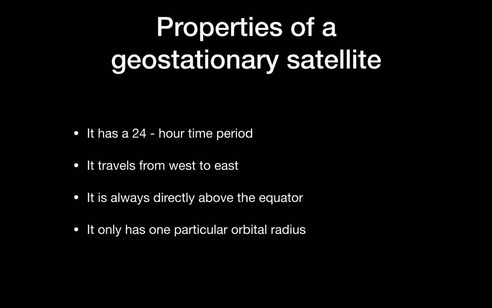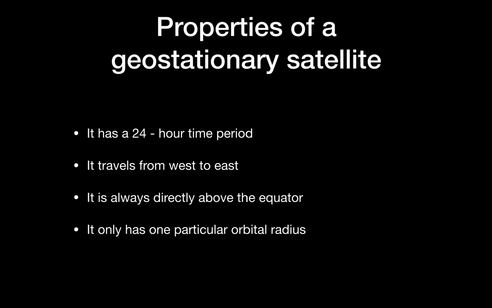And this is very important, okay? In the paper, the examiners will literally ask you what are the properties of a geostationary satellite, and then you'll have to give three or four pointers. So these are the four pointers. Number one, it has a 24-hour time period, right? Because if it has to stay exactly above a point on the Earth at all times, it will complete one revolution in 24 hours, the same time a revolution of Earth takes.